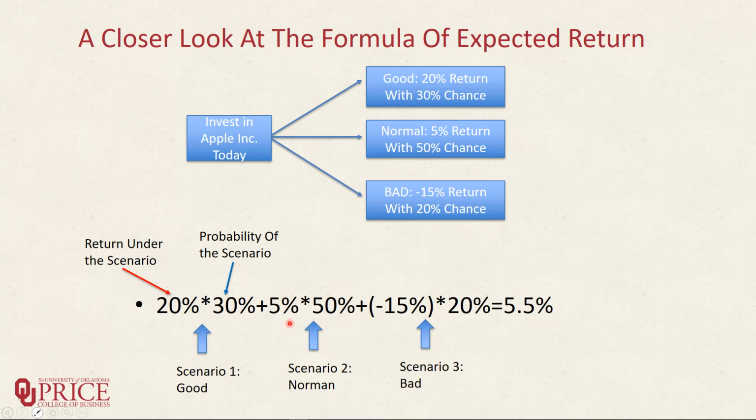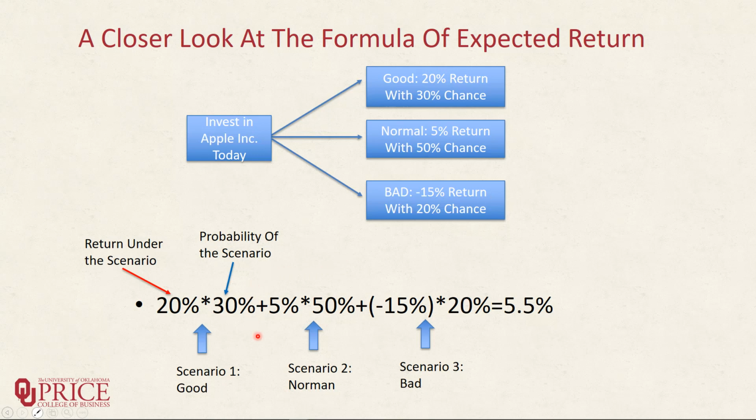It's the same for the other two terms: return of that scenario multiplied by the chance of that scenario. So this formula for the expected return is a weighted sum of the returns under each scenario, weighted by the chance of those scenarios.